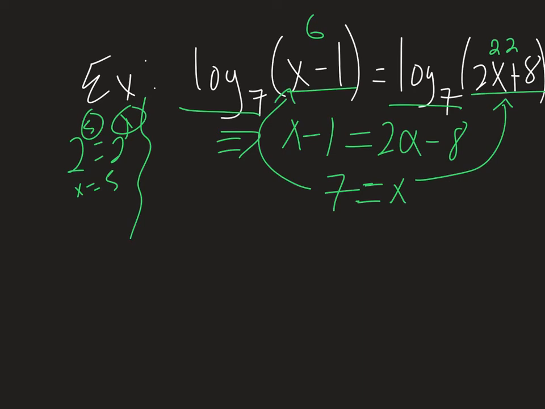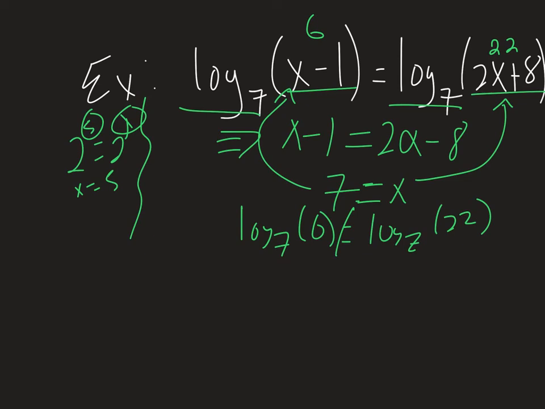Something a little interesting here is that you have log base 7 of 6 equal to log base 7 of 22. We don't necessarily have the capabilities yet to assess this, but there's no way this can be true. It would be like saying 2 to the 4th power equals 3 to the 3rd power.